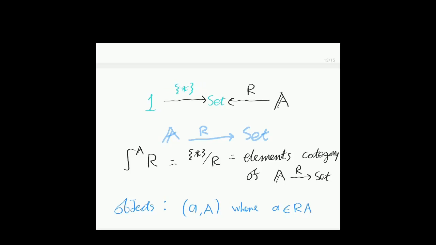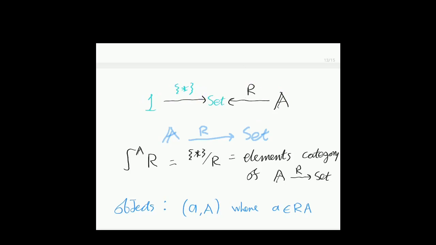The set with a single element called star is an object in the category Set, and a way we can pick out an object in a category is with a functor from this terminal category. So this denotes the functor which just picks out our singleton set. And so we have these two functors, this one that picks out the singleton set and this other functor R.